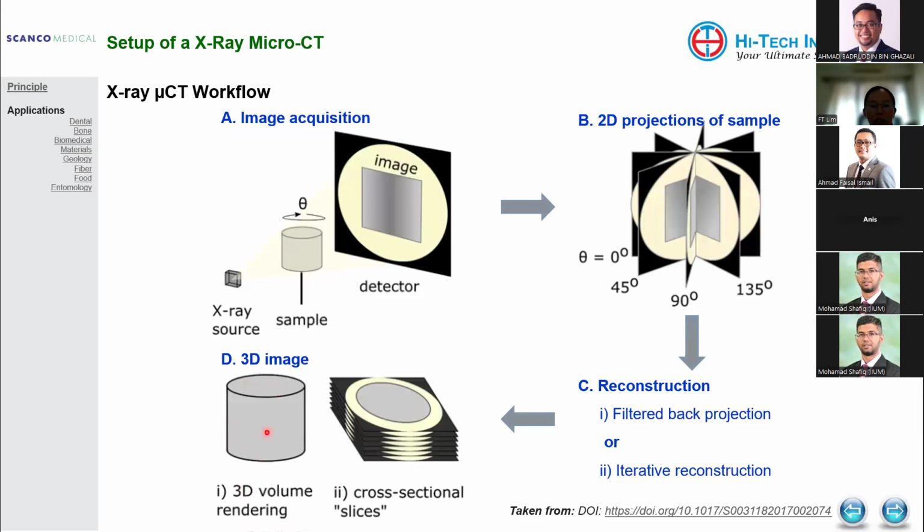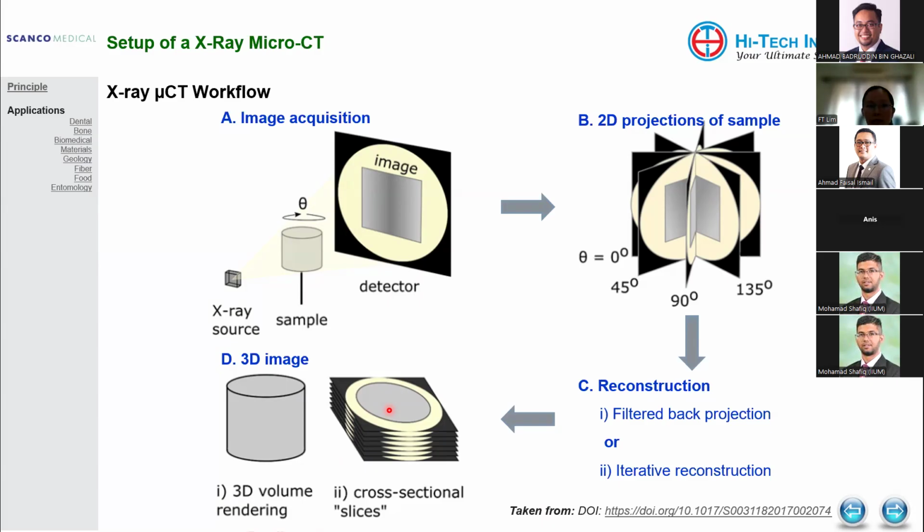From the 3D image, you can further look at all the interior details through cross-sectional slices. All of this is non-destructive. You do not need to sacrifice your sample. After the whole imaging process, you still get your sample in intact form, so you do not need to slice it, for example, for histology work.